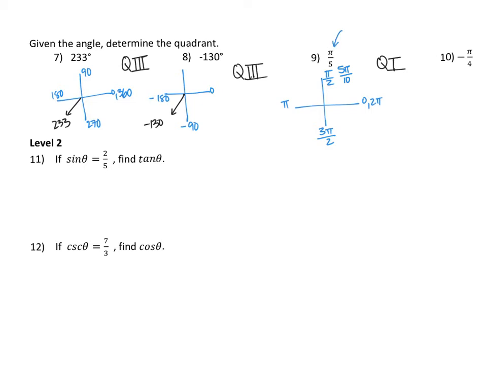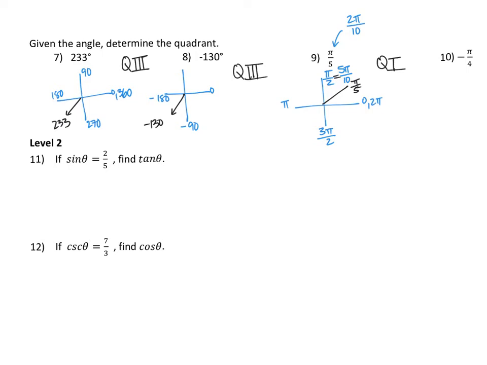And this here, if I want a denominator of 10, this would be 2 pi over 10. So when I look at this number versus this number, this is smaller. So that means that pi over 5 had to have been somewhere in the first quadrant. It wouldn't have surpassed pi over 2.